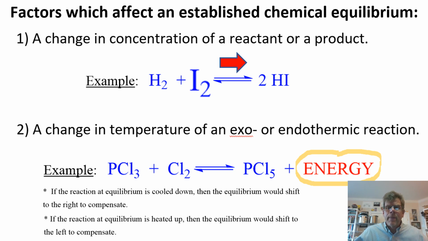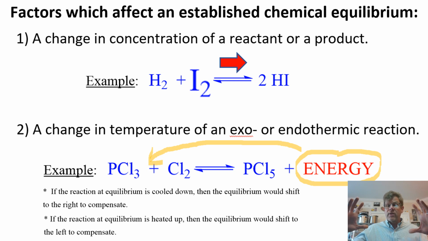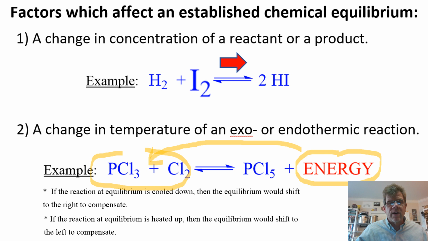Conversely, if our energy component was over here on the reactant side, which would indicate an endothermic reaction, we'd want to maximize the amount of energy on this side, so that would mean heating it up.